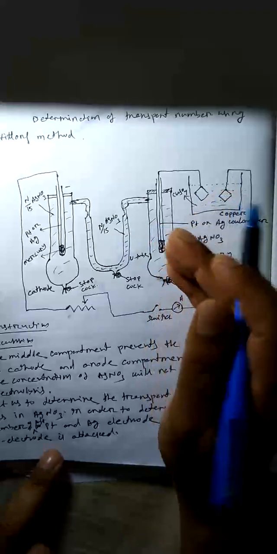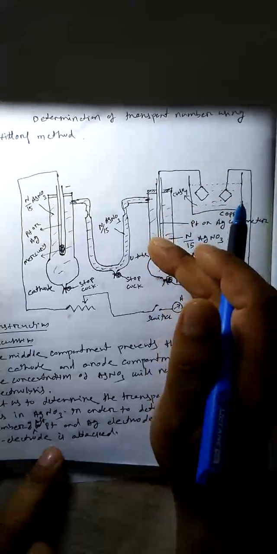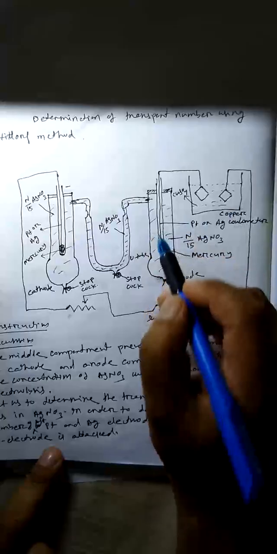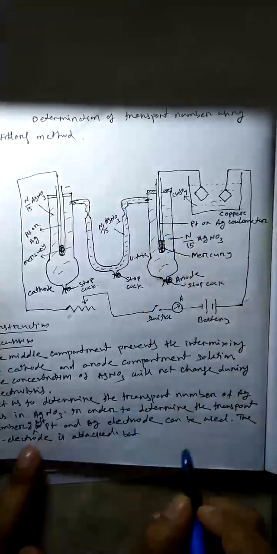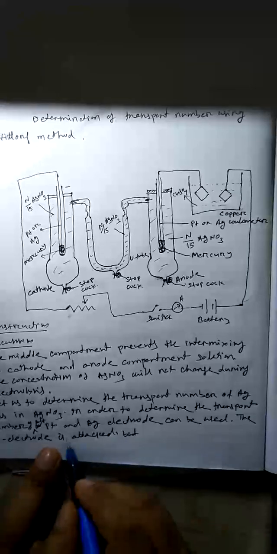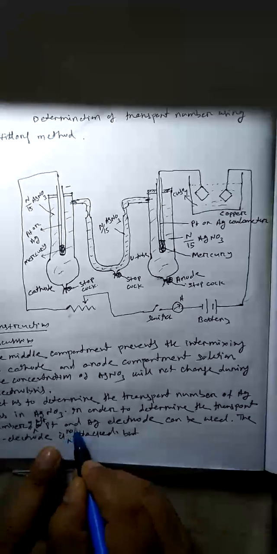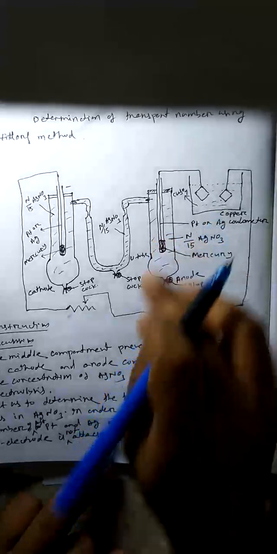It does not bear positive or negative charge. Because platinum is a neutral electrode, nothing is deposited on the platinum surface. That is why the platinum electrode is not attacked.